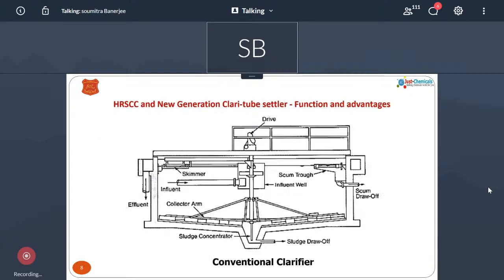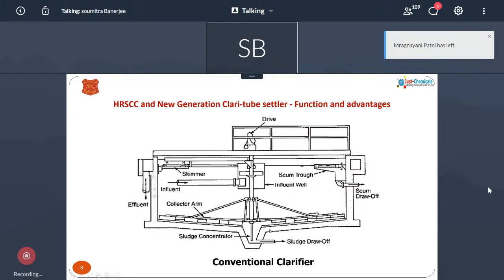Now, about the clarifiers, this is the second point which I wanted to emphasize. We were using conventional clarifiers earlier, and still, if you see, most municipalities have these kinds of clarifiers where water mixed with coagulant is fed into the center of the clarifier and goes down, and it slowly settles down here. It has a raker arm below, which pushes the sludge that is formed towards the center so that it can be drawn off.